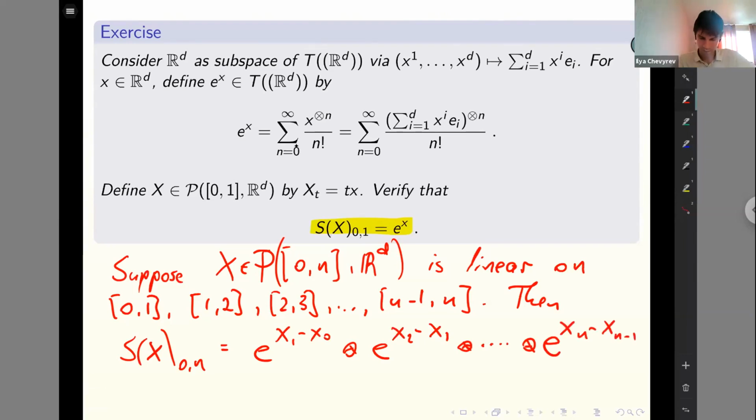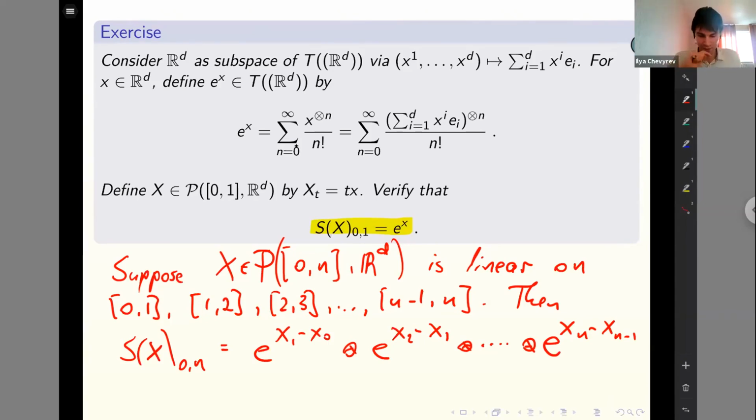So we see that for piecewise linear paths, there's absolutely no need to perform any integration whatsoever in order to compute the signature. You just need to encode how to take products of these formal series in a nice library somewhere, maybe in a Python package.